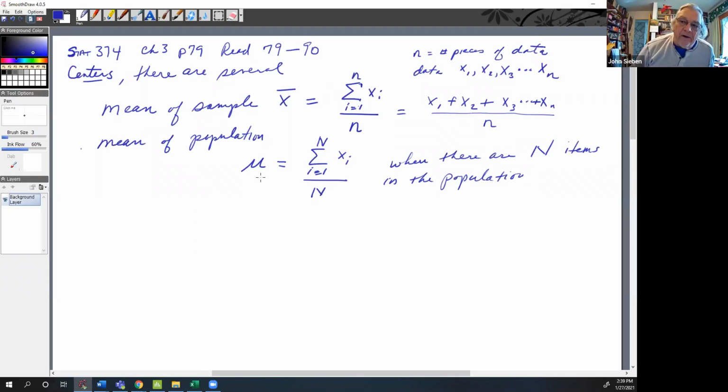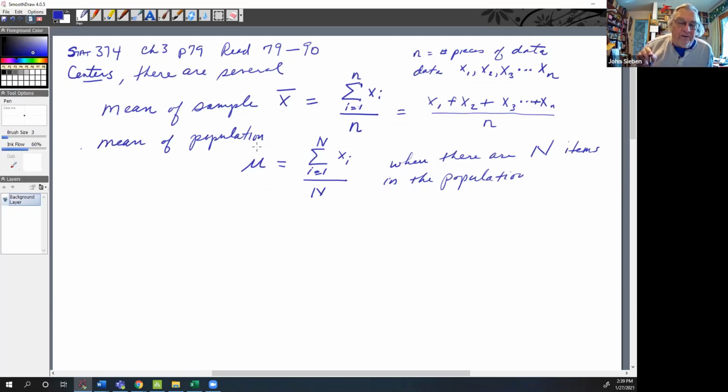It's sort of rare that you're going to be able to compute mu, because very often, as we mentioned last week, you can't get your hand on every item in the population. Conceptually, it's okay. What shall the population be? Taxpayers in Guadalupe County.